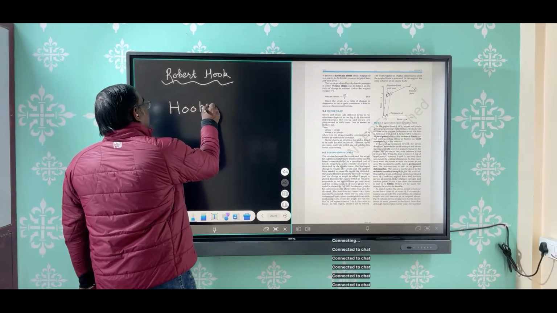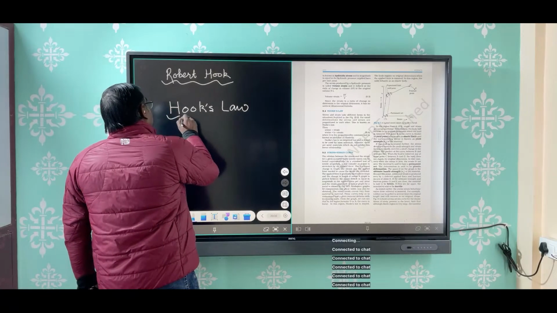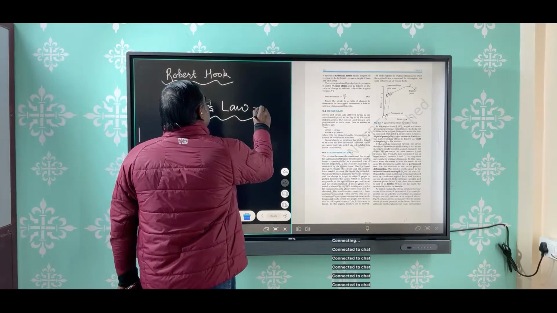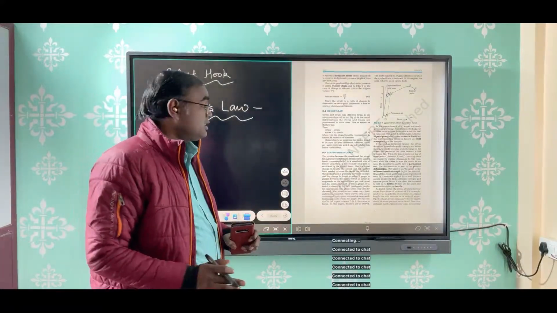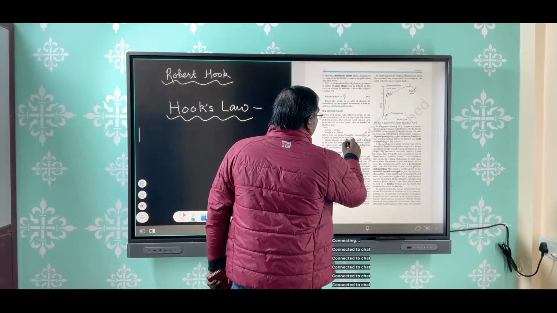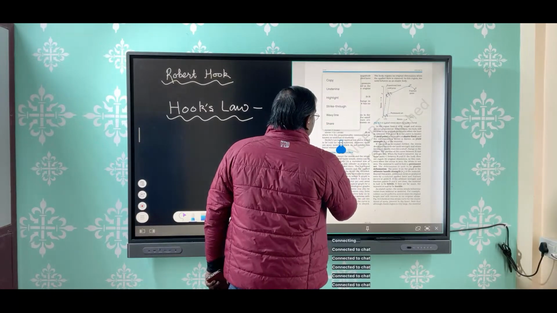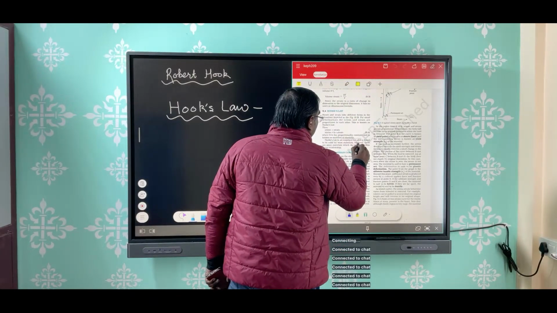He gave a famous law by doing experiments. This is not a theoretical concept. This is an empirical law.